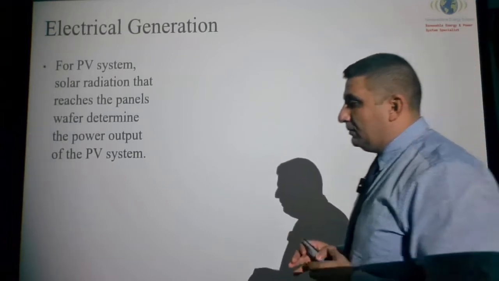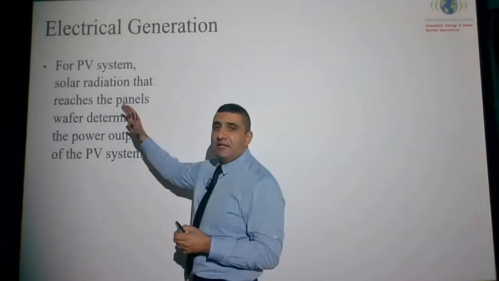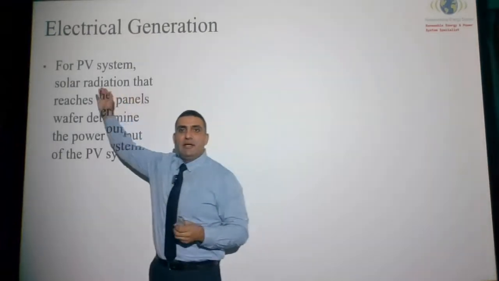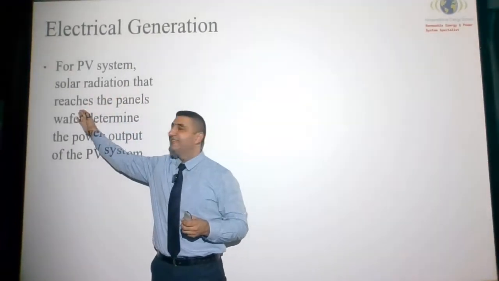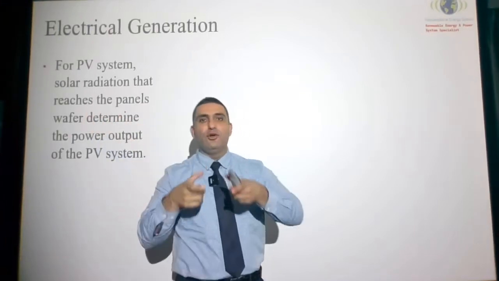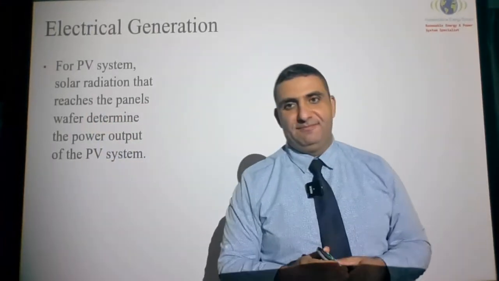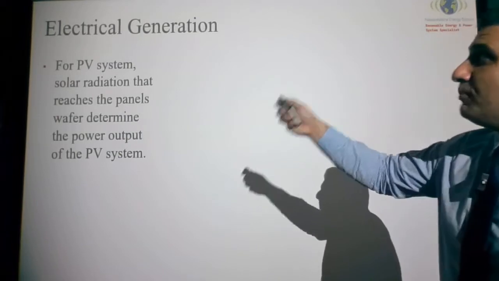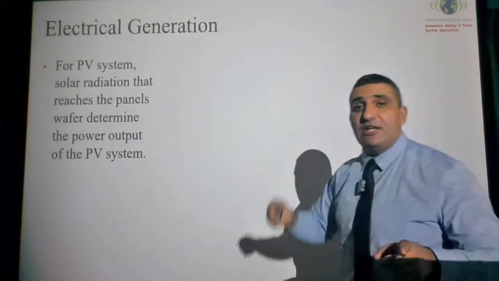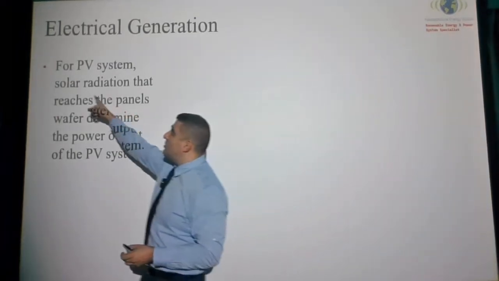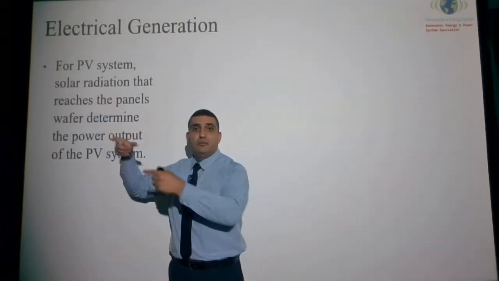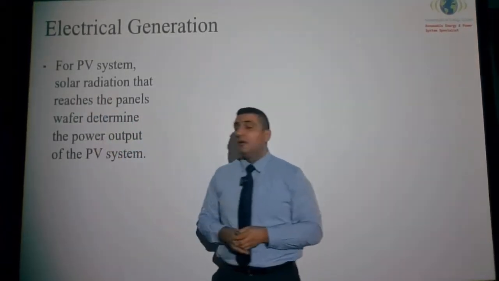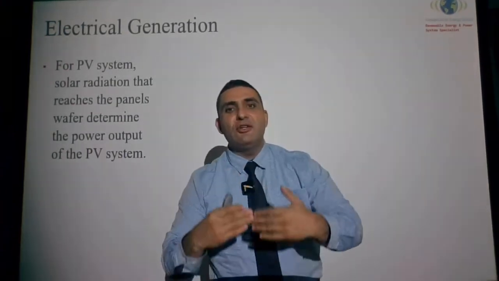So the most important element in my system is the solar radiation that reaches your solar cell. The most important element is the solar radiation, the sun's rays that reach the panel cells, which determine your power output.